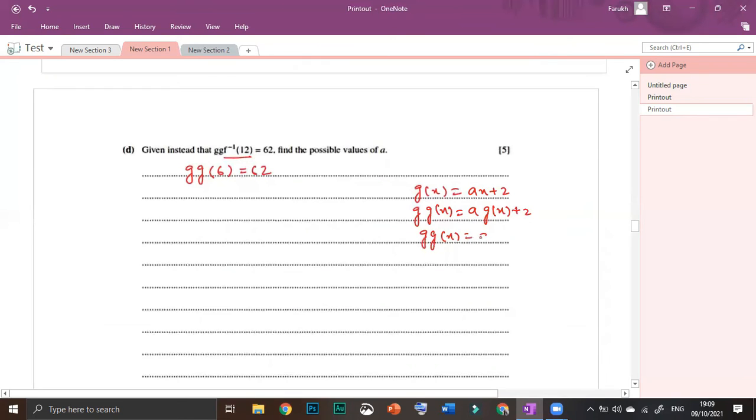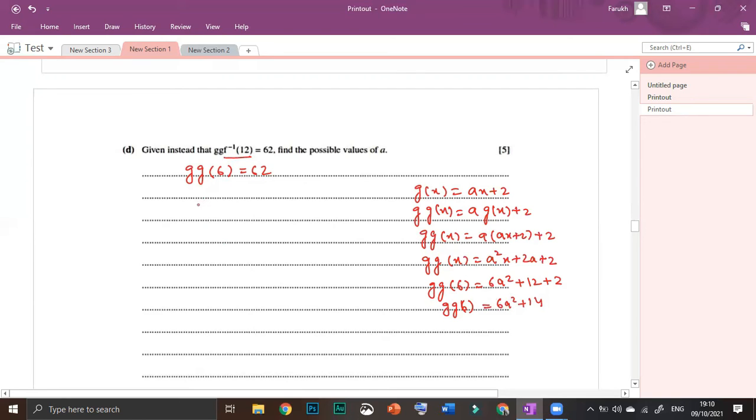The expression for g of x is a times (ax plus 2) plus 2. g of x is equal to a square x plus 2a plus 2. g of 6 is equal to 6a square plus 12 plus 2. g of 6 is equal to 6a square plus 14.